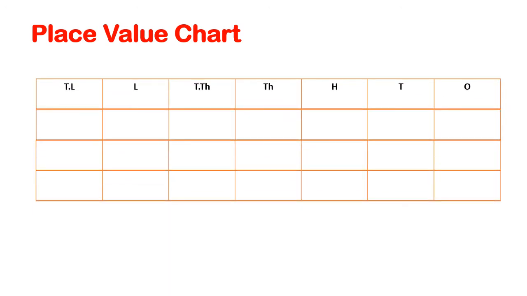So now we are going to see what is a place value chart. So this is the place value chart. The first row of the place value chart is where we have to write the place value. Okay, ones, tens, like that. So the first row contains the place value of the numbers. Then the remaining rows contain the numbers. Okay, we will see an example.